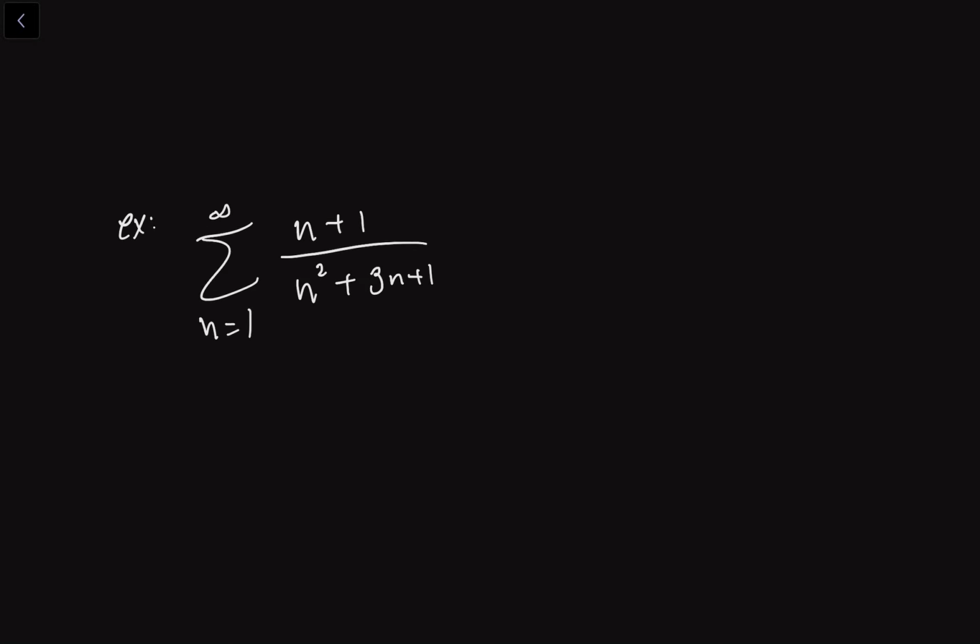Direct comparison test. How else would you do this one? It kind of looks like something you can integrate, right? You could definitely integrate this. If you had the integral from 1 to infinity, couldn't you add 2 here and then subtract 2?